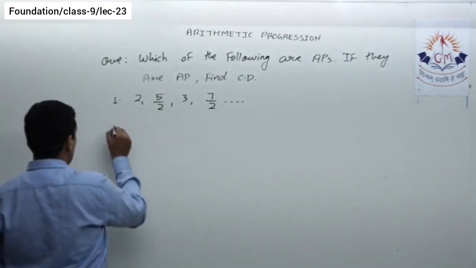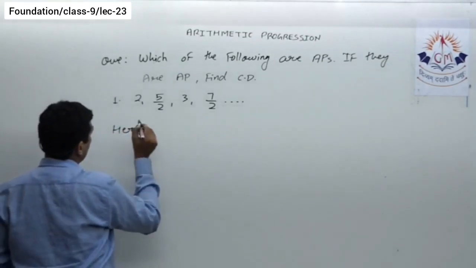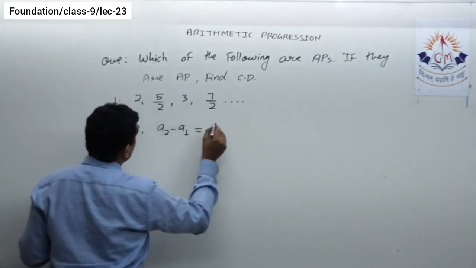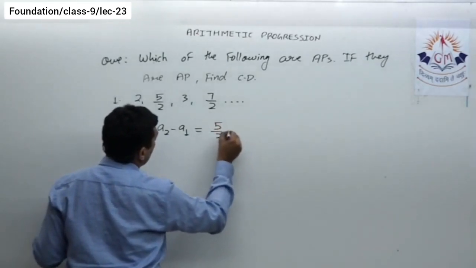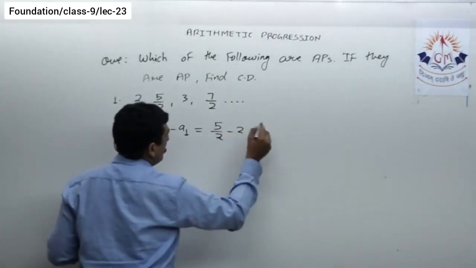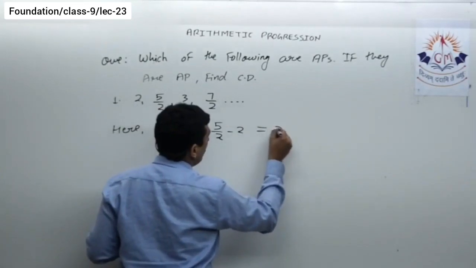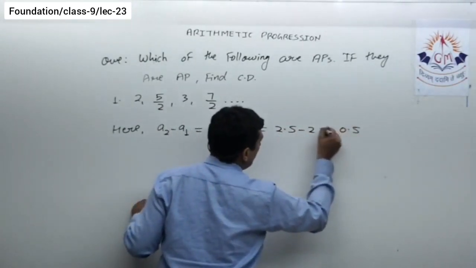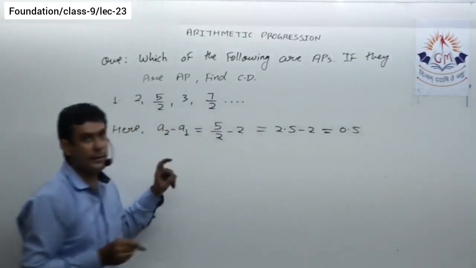So here how do we check? Let us see. Here A2 minus A1 is equal to 5/2 minus 2, that is 2.5 minus 2, that is 0.5. Okay, you have to check for all the given terms.